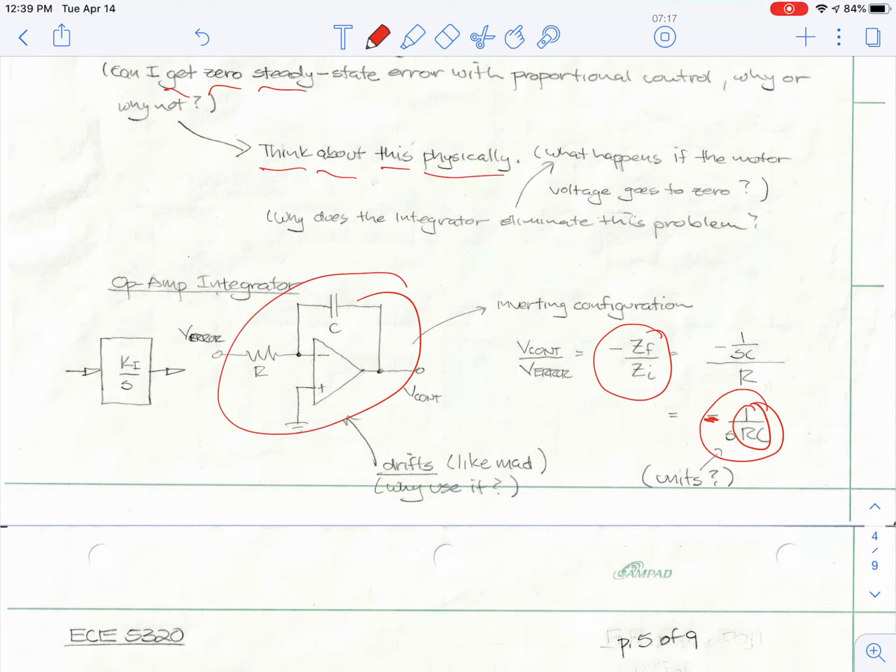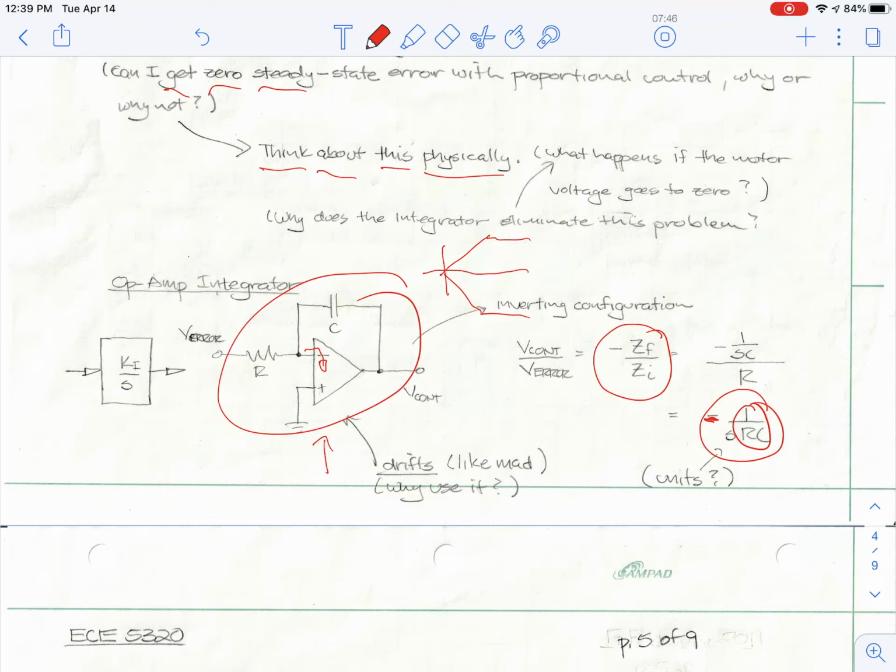Okay, so this thing moves. This thing will drift. It drifts because there's a very small bias current that's flowing into the op-amp, and that causes this to crawl around, and so this will tend to go to a rail. So if I build one of these in the lab, they will tend to go up to a rail and stay there, or they can go down to a rail and stay there.